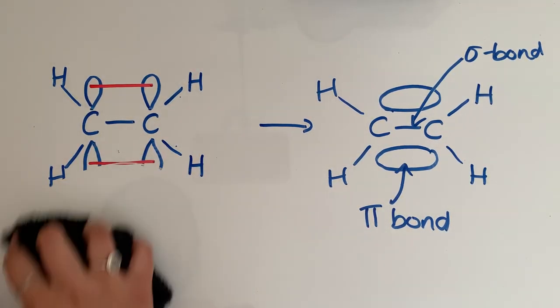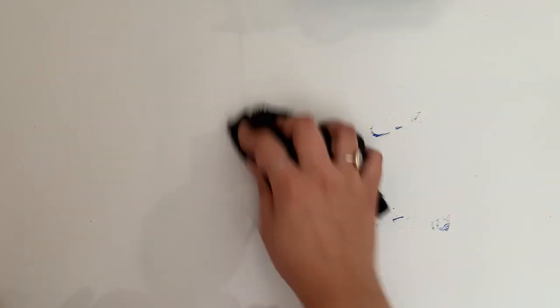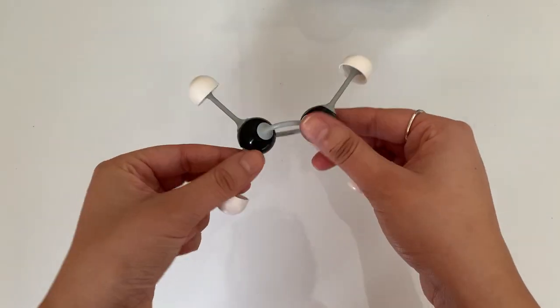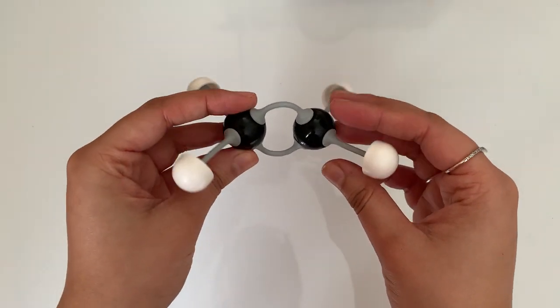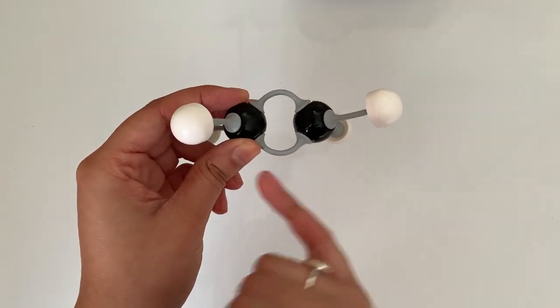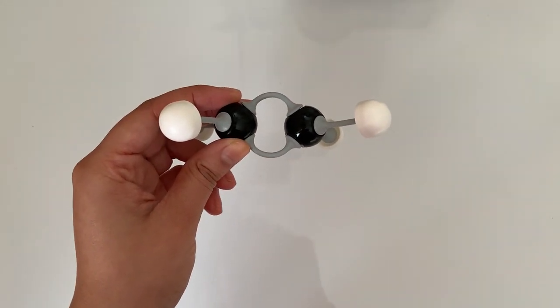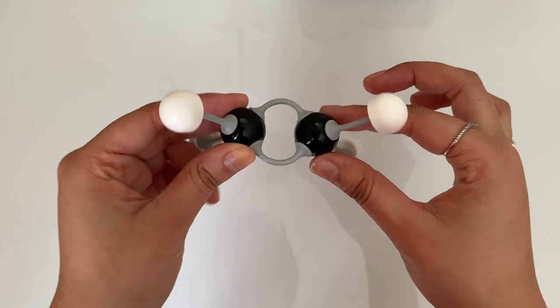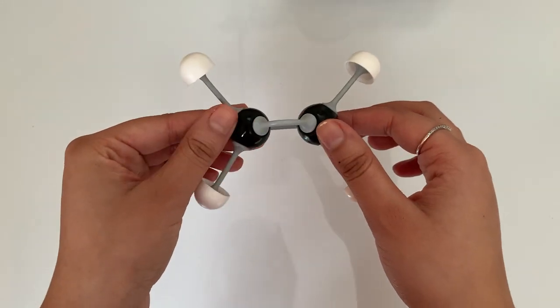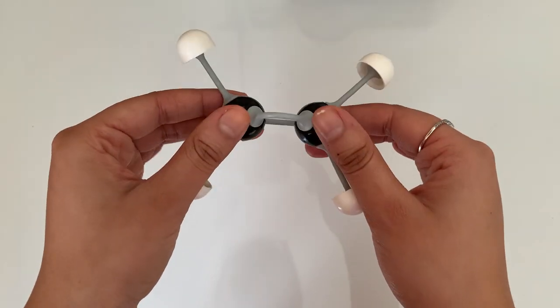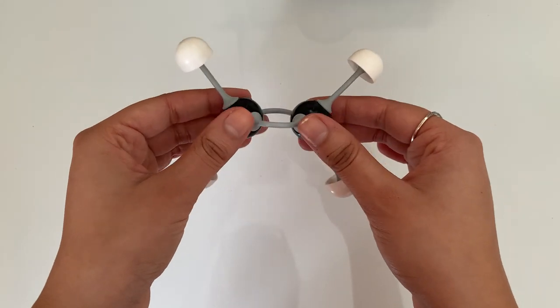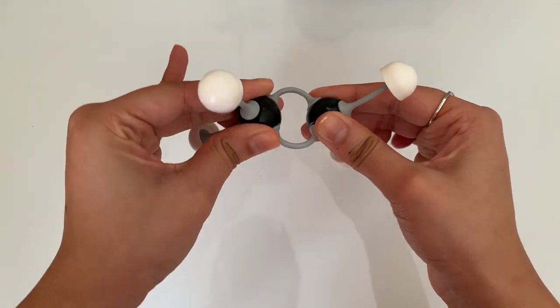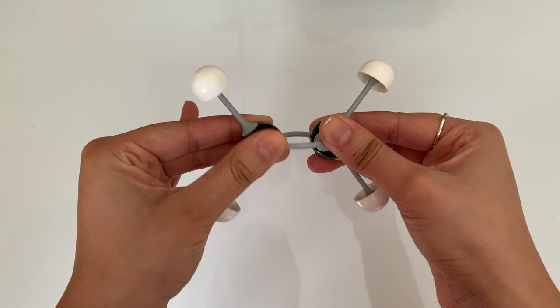And what the formation of a pi bond does is, over here I've just got my ethene molecule. It's got the double bond between it. That double bond here is technically a pi bond and a sigma bond. Obviously that's not depicted properly over here, but that is essentially what a double bond is. Because we have a double bond now between these two carbons, I can't rotate it. They're in a fixed position.